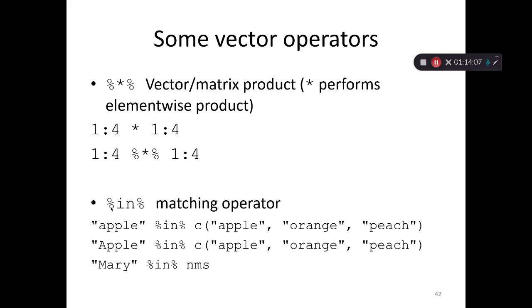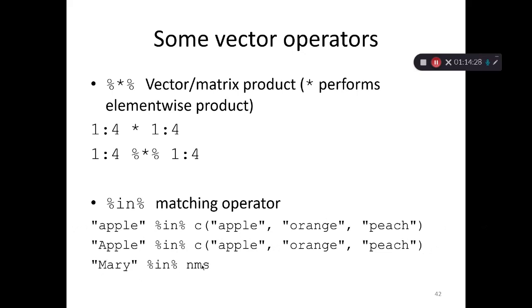The matching operator is percent-in-percent, and you ask, for example, in this line, whether the string apple is included in this vector, which is apple, orange, and peach. R is case sensitive, so if you use capital A, this will return false and this will return true.